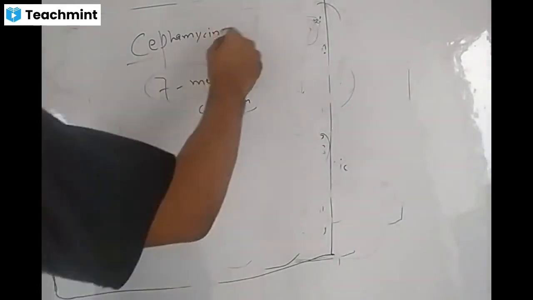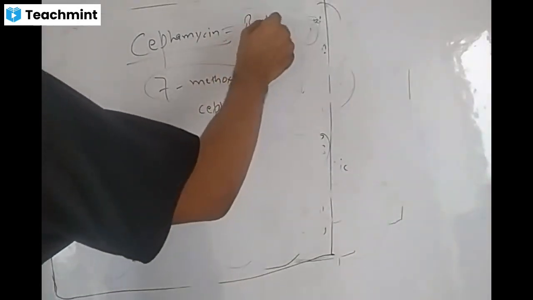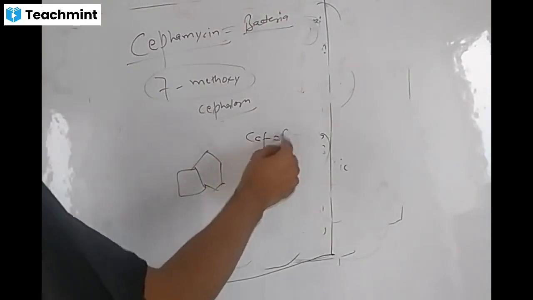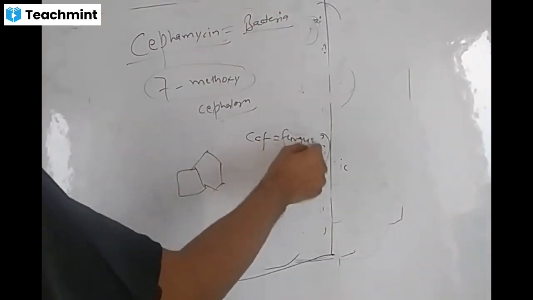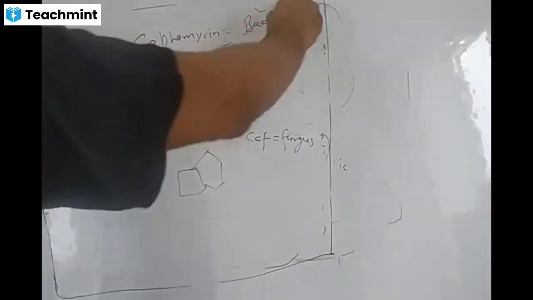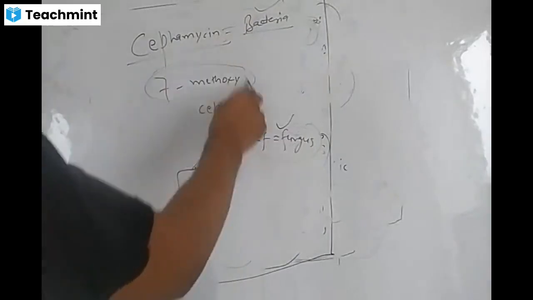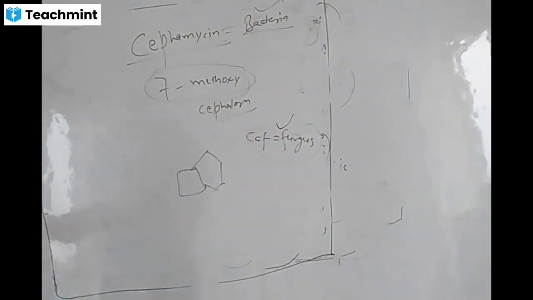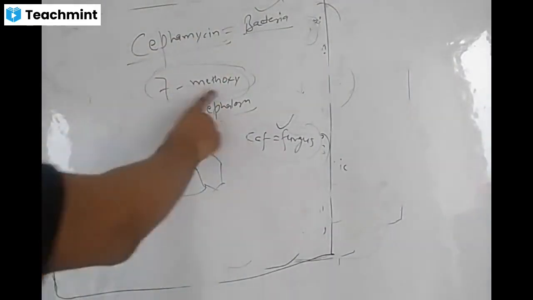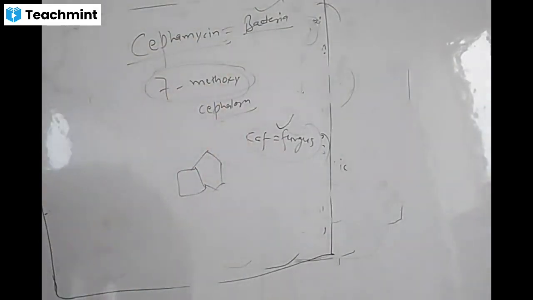So these cefamycins are obtained from bacteria, but cephalosporin is obtained from fungus. This is the one difference. Source is bacteria, source is fungus, and these are 7-methoxy derivatives. This was asked in one MCQ that cefamycins are 7-methoxy, 5-methoxy, or 4-methoxy.